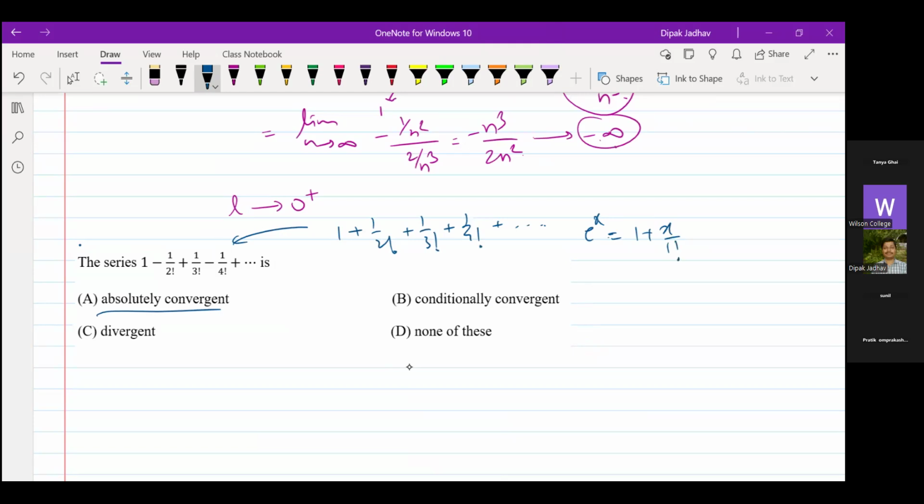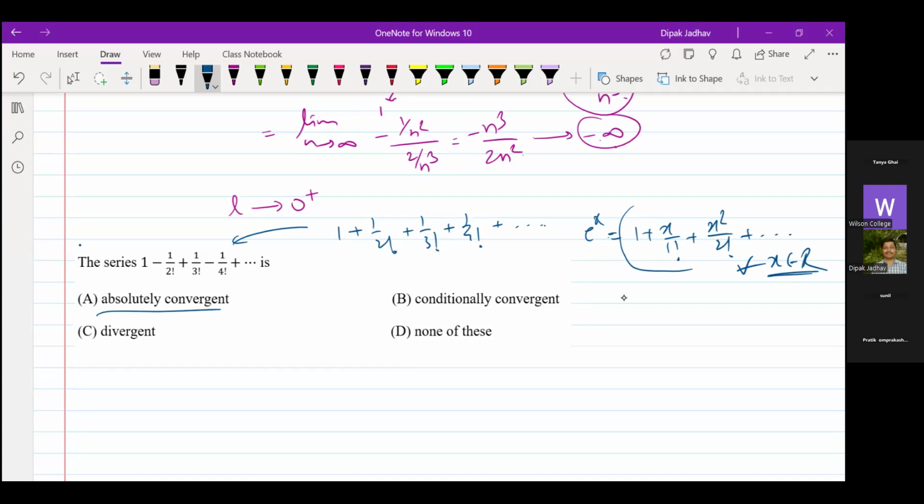e raised to x is 1 plus x upon 1 factorial plus x squared upon 2 factorial, and so on. And this is valid for all x in R. There is no bound on x. This power series has radius of convergence equal to infinity, so it converges for every real value of x.